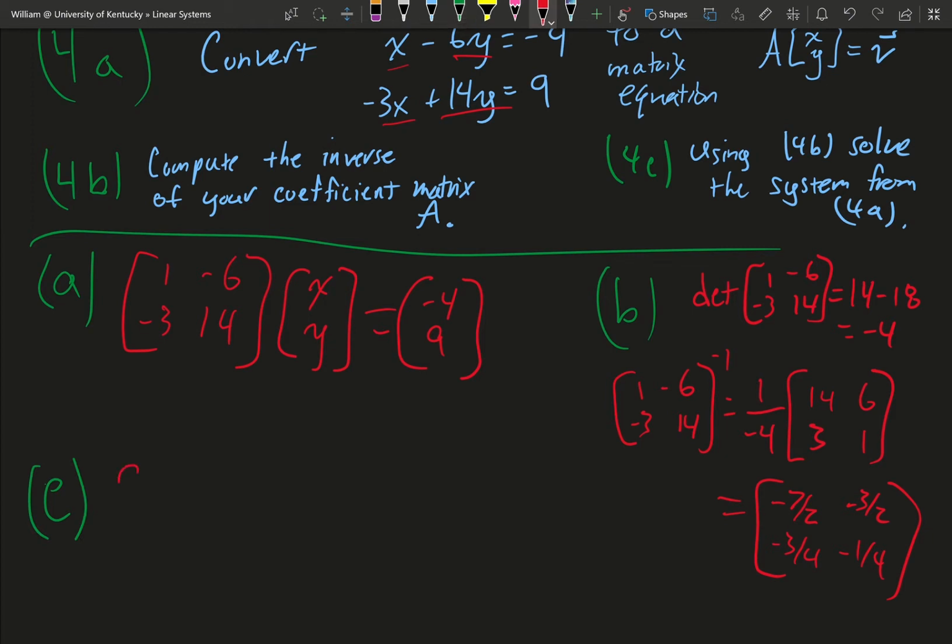Finally, for part C, once we've computed the inverse, we've done the hard part. We just now do one more matrix product to compute our answer.